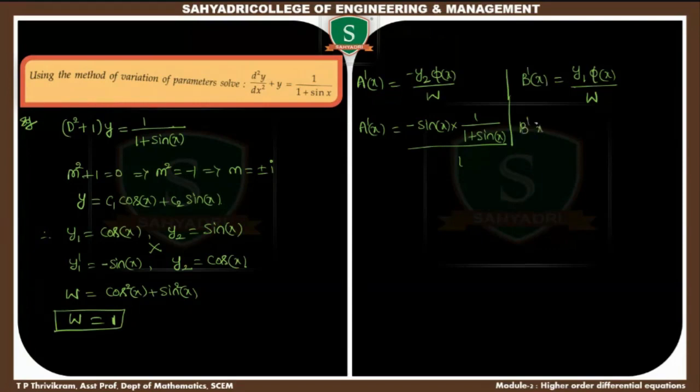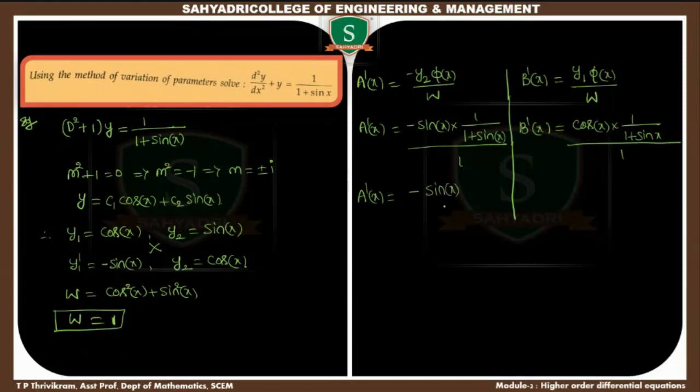Similarly, b dash of x is equal to y1, cos x, into 1 by 1 plus sin x, divided by 1. So a dash of x is equal to minus sin x by 1 plus sin x. Similarly, b dash of x is equal to cos x by 1 plus sin x.